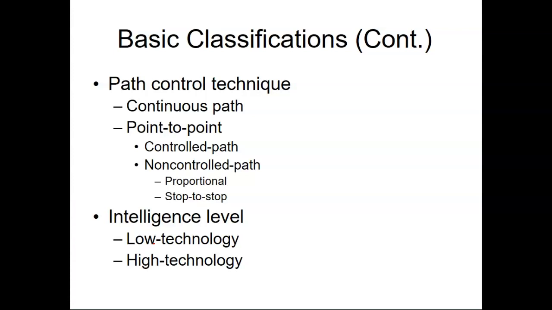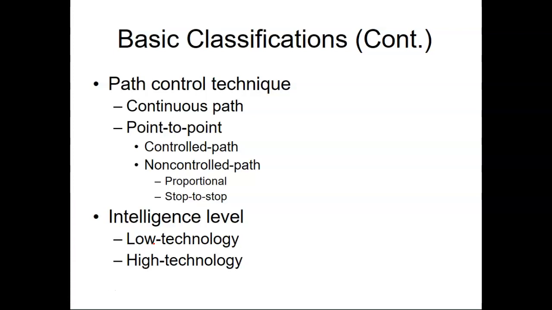Then you have the point-to-point method, which is what all of these guys run on. You put in a point saying, I want you to come to these coordinates before you move to those coordinates. So you have controlled path, which we'll talk about, and non-controlled path.